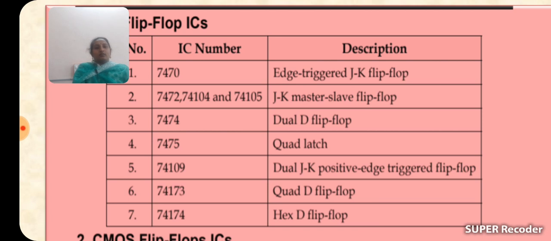Quad latch means 4 latches, either NAND latch or NOR latch. 74109 produces dual JK positive edge triggered flip-flop, 74173 produces quad D flip-flop, and 74174 produces hex D flip-flop.